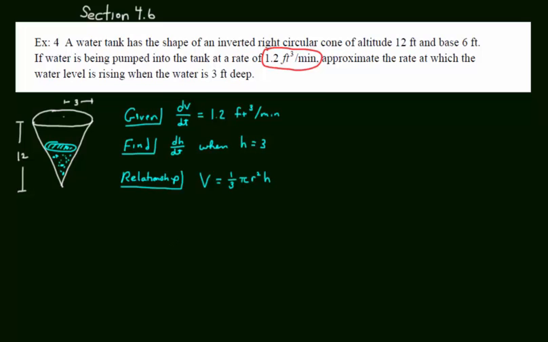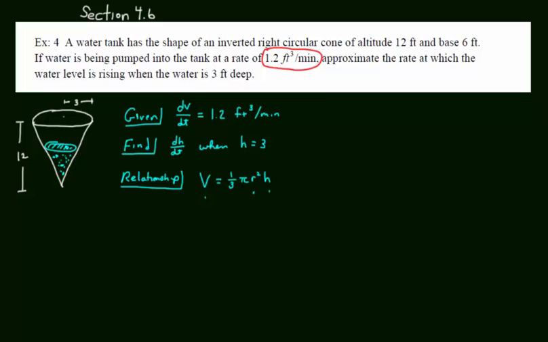If I went through now and found the derivative of this relationship, you would see that you're going to have a dV/dt in it, you're going to have a dr/dt in it, and you're going to have a dh/dt in it. The problem with that is we have no information about dr/dt, the rate at which the radius is changing. That's what makes this problem different. So, with that being said, we need to find r in terms of h so that we have the correct variables for the given information.